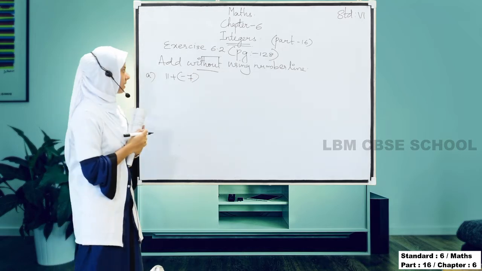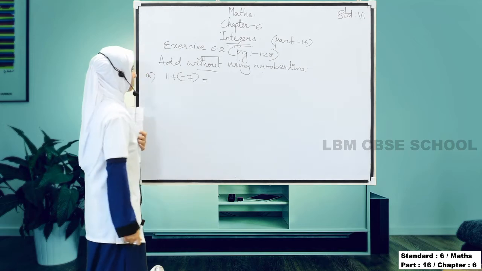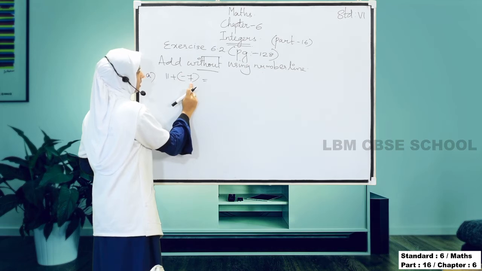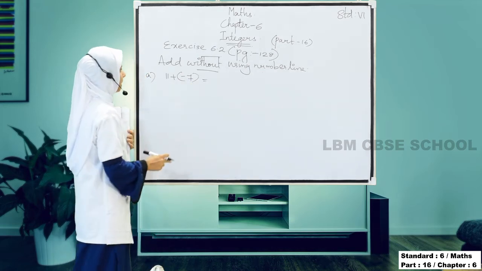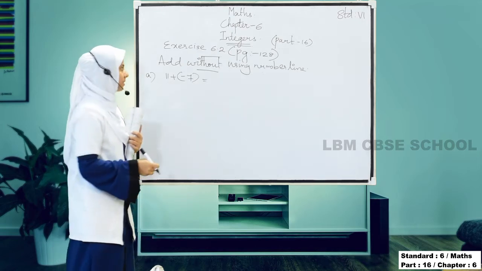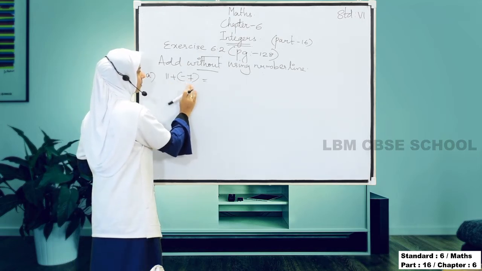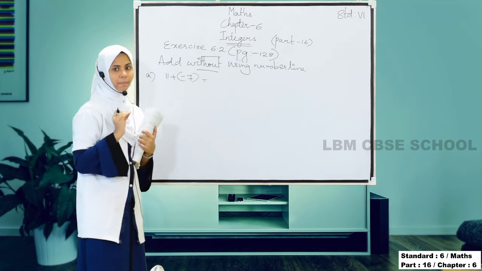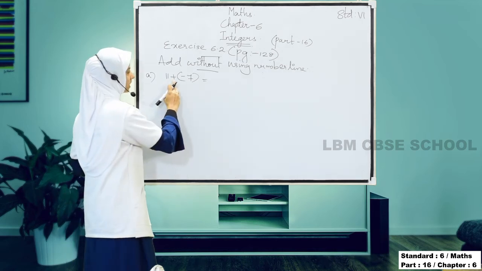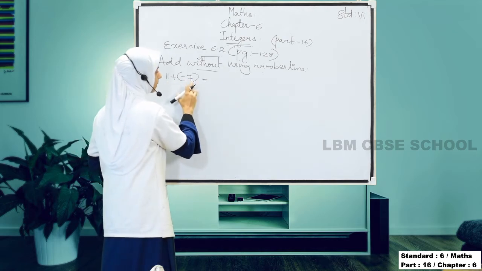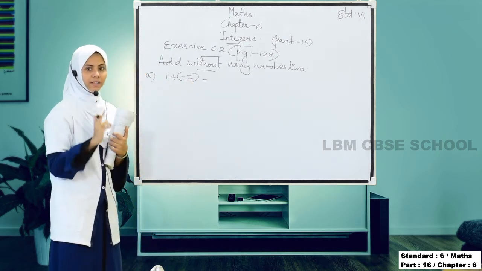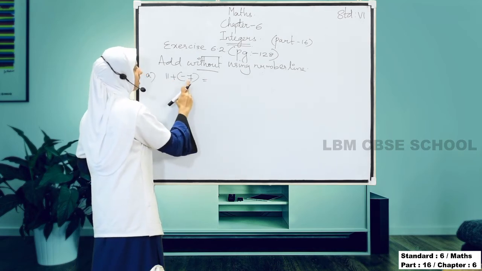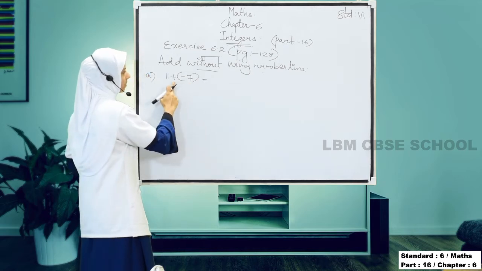11 plus minus 7. In the previous class, I said when we add one positive number with one negative number, then we have to subtract the numbers and put the greater number's sign. So here one is positive and one is negative. 11 is the positive number, minus 7 is the negative number, and we have to subtract those two numbers.